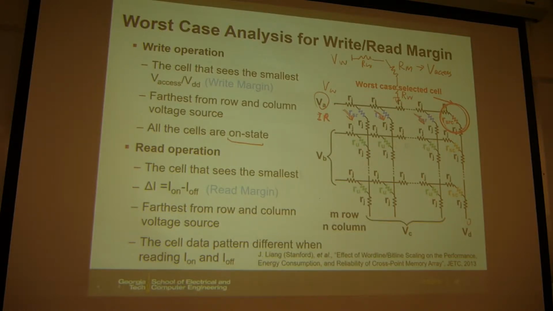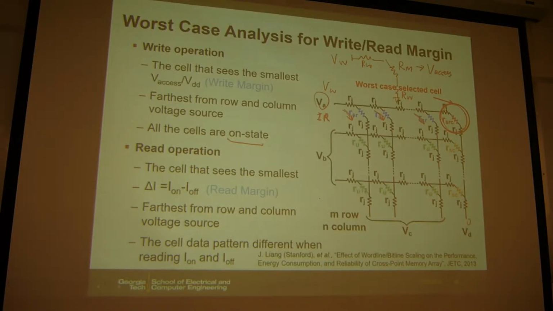And then we need to consider the delta I, which is the current difference when this cell is in the on state or off state. You will read out two currents, and then you need to sense the margin between this on state and off state. So that will give you the read margin. The read margin analysis is a little bit more tricky, and you may have to rely on SPICE simulation to do that.